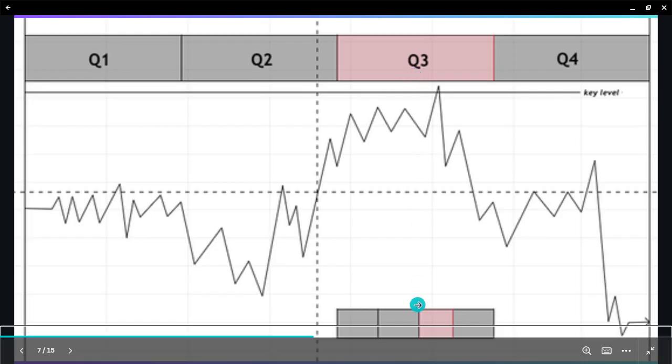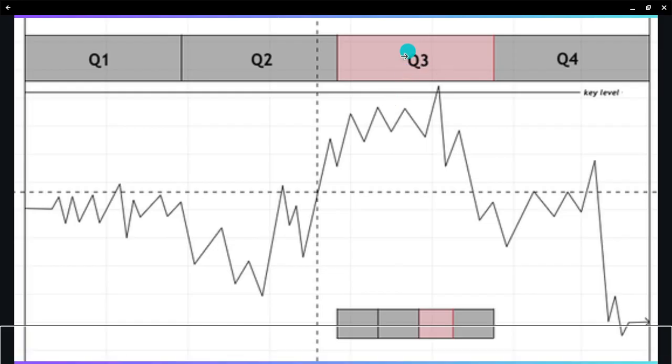The Q3 of Q3, meaning the third quarter of the third quarter, because at that time we have London close and New York session overlapping, so we have major liquidity in the market. So this manipulation which you see over here actually runs all the way up till the third quarter. This red box you see down here is the quarter 3 of Q3.